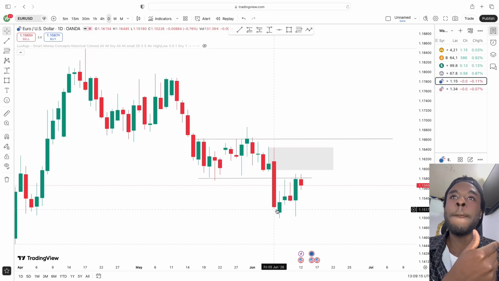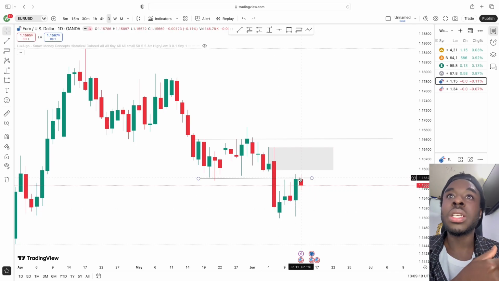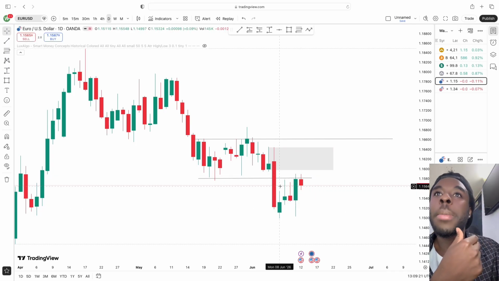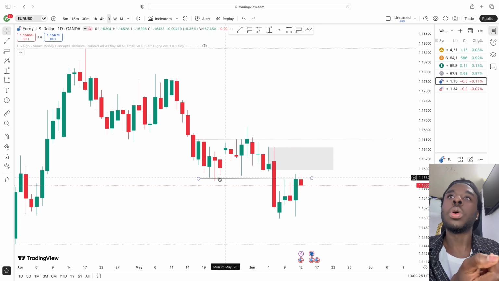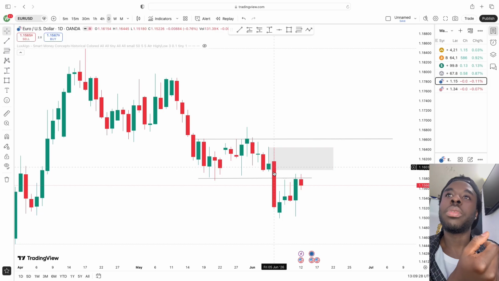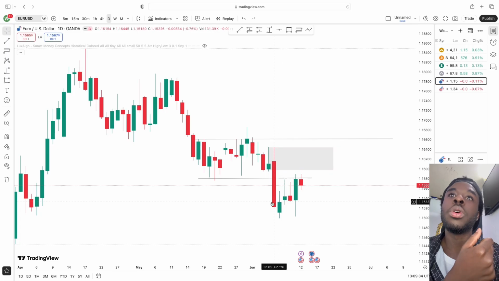So we've had our second confluence, and the third confluence, I want to see the market breaking structure, because like you can see, price was reacting to this support, and we later broke the support level to the downside.